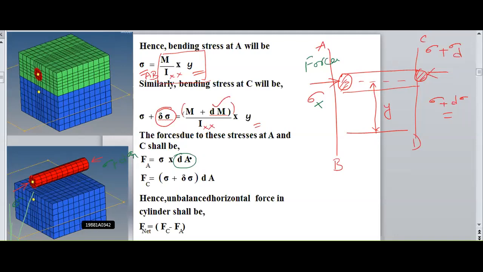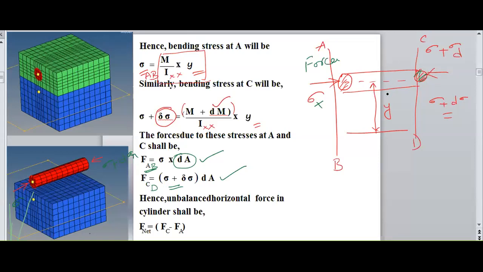Therefore, I can calculate the force on the AB side and the force on the CD side. The stress on the CD side is sigma plus d sigma into dA again. The area is the same on both sides, the fiber having the same area. Therefore, the forces are known values now on the fiber.